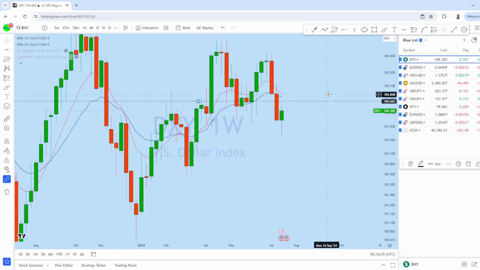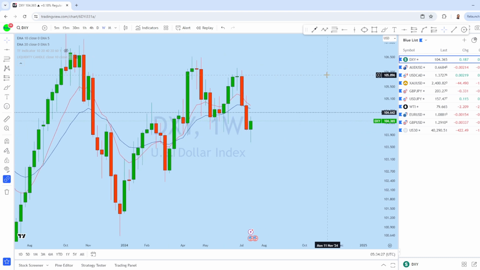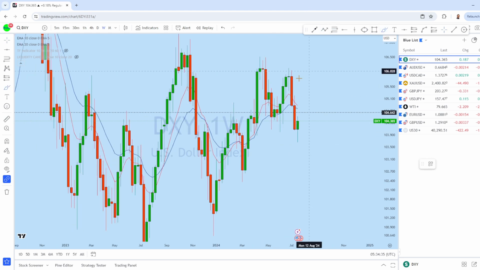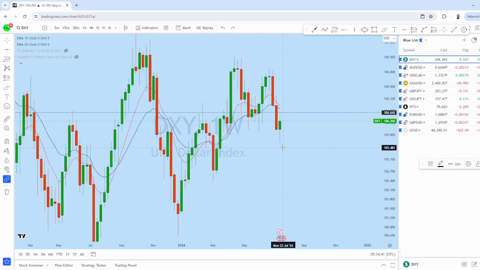Now if we look at the weekly chart to see how the market is doing, from the weekly perspective, this is also a long-term bearish market. We can see this weekly bearish engulfer followed by another bearish candle, and followed by this week we saw that after this drop, an initial pullback to the upside.